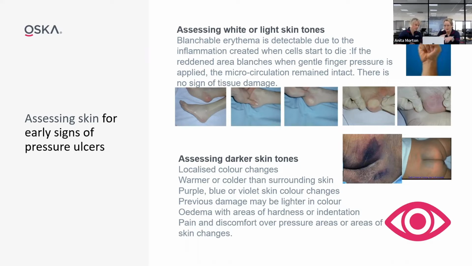So that is where you put a small amount of pressure on the surface of the skin that's red. If when you take your finger off, it blanches white, that means all the blood vessels are open and moving and in good condition. But if when you take your finger off, it stays red, it means those blood vessels have shut down, and that is category 1 pressure damage.